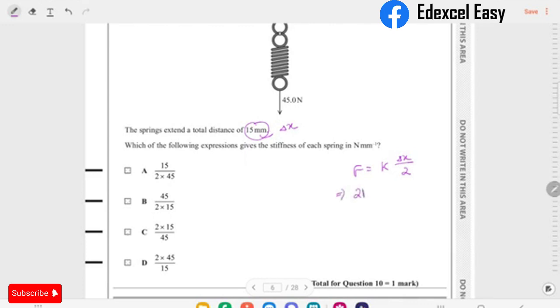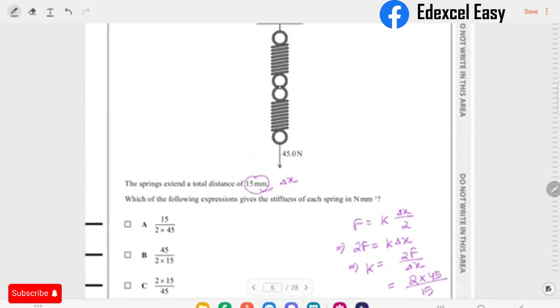So for K, this is going to be 2F over delta X, right? Finally you have 2 multiplied with 45 over 15, and that's how you get Newton per millimeter, which is completely option D over here.